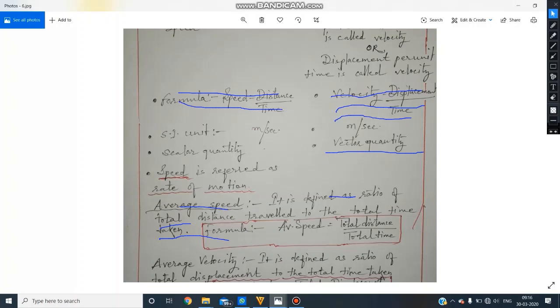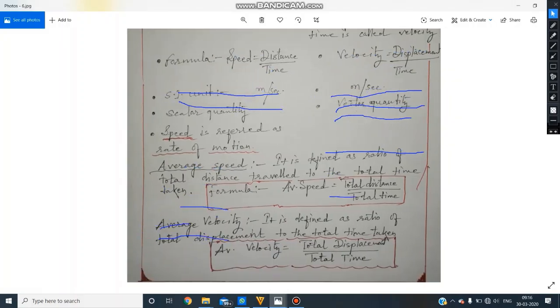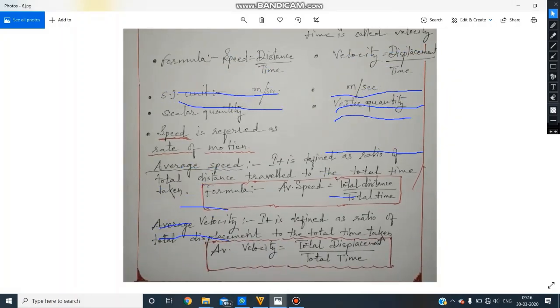Let's have a look at further important discussions which are average speed and average velocity. Average speed is defined as the ratio of total distance traveled to the total time taken by a body.